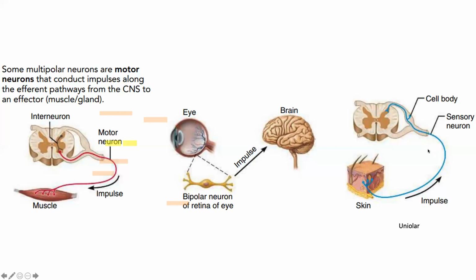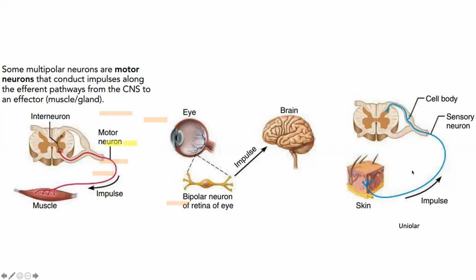If you look at here, from the skin, the sensory impulse will be carried along the axon, and it comes to the cell body here, and from the cell body, it leaves again to the posterior root of the gray matter in the spinal cord. This is the anterior root, this is the posterior root, this is the anterior horn, this is the posterior horn of the spinal cord.